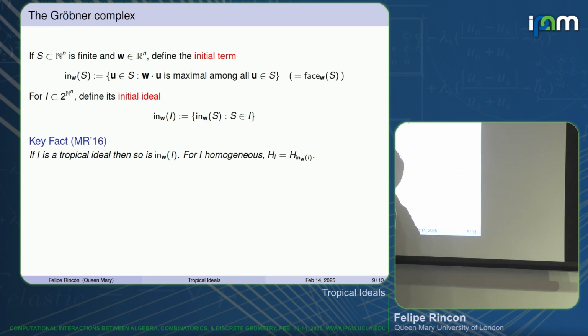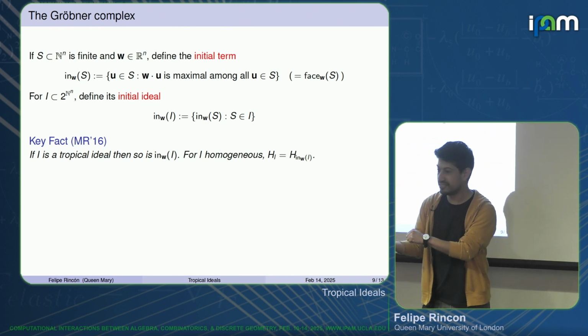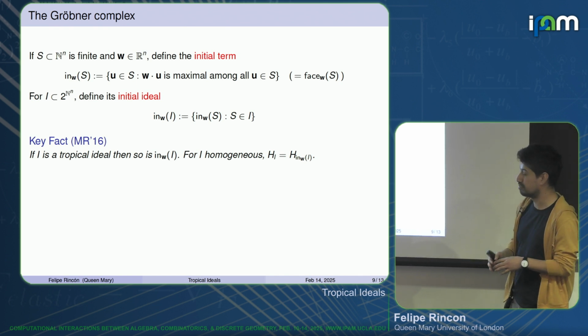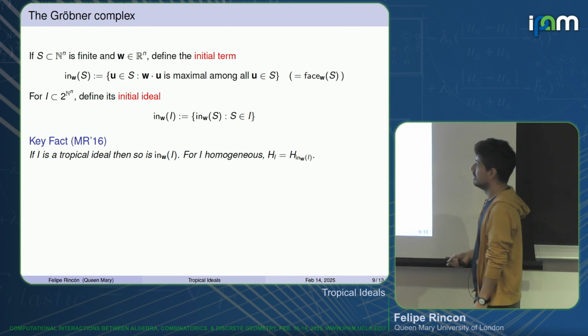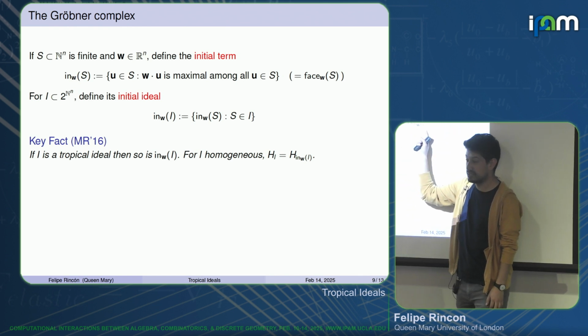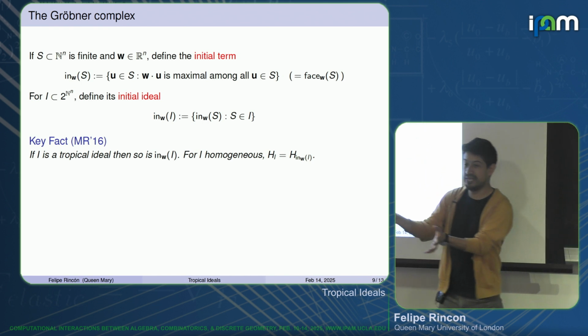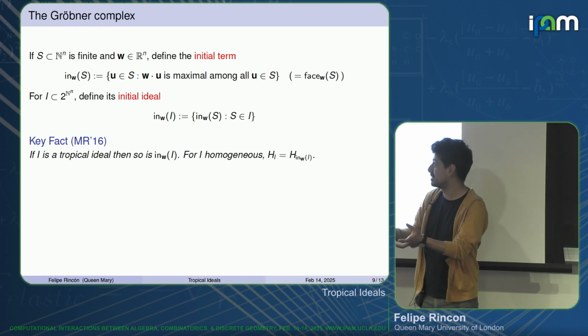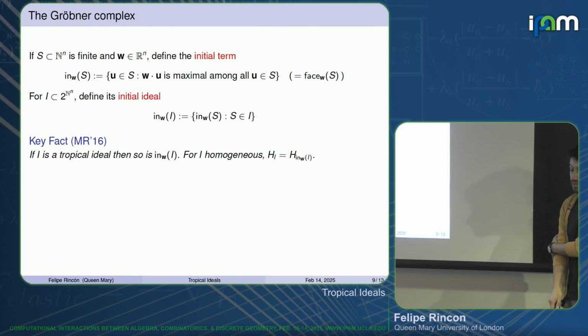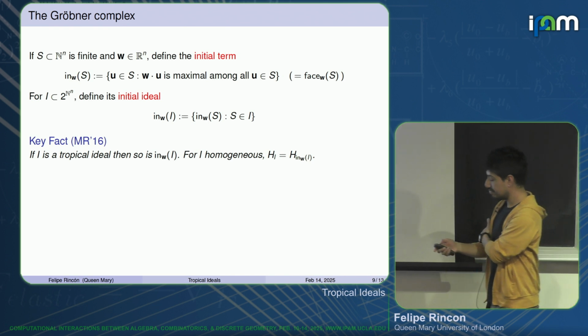So if you start with a tropical ideal, then whenever you take the initial ideal, that's still tropical. It still satisfies this elimination axiom. It still preserves the matroidal property. And in fact, if you start with something homogeneous, then it preserves the Hilbert function. You degenerate your matrix to a matrix with fewer bases, but the ranks of the matrices are the same. So it preserves the Hilbert function when you do that.